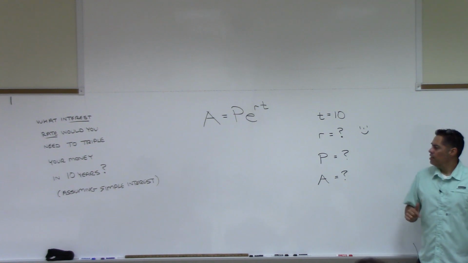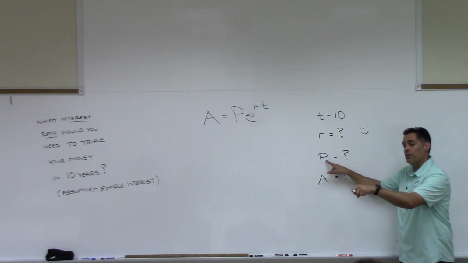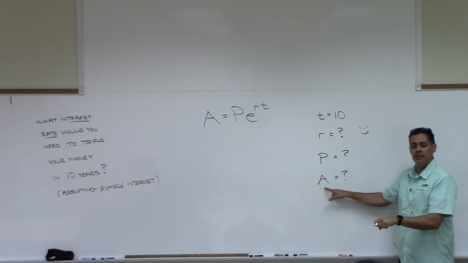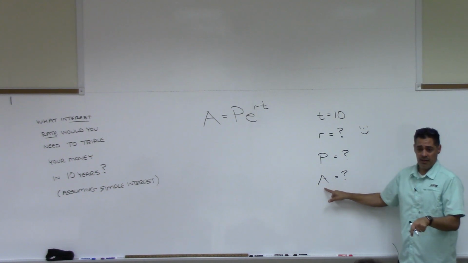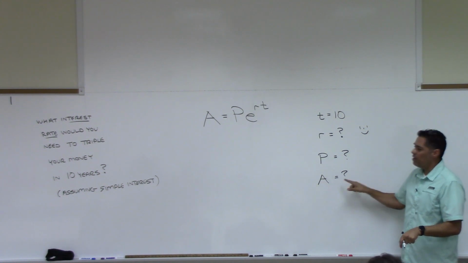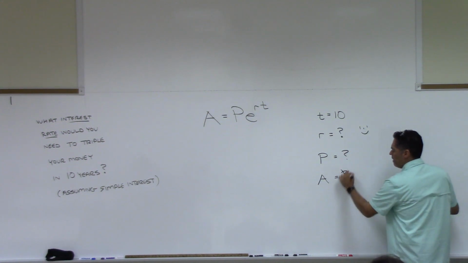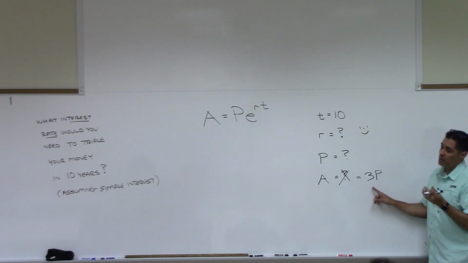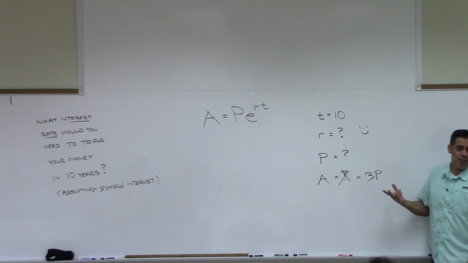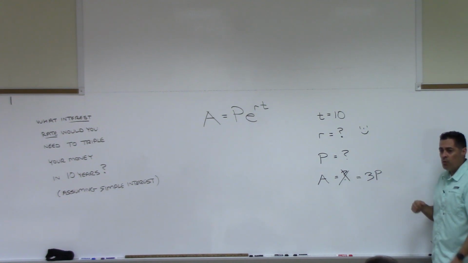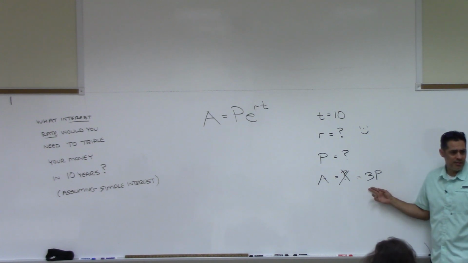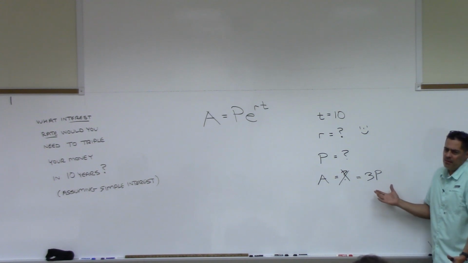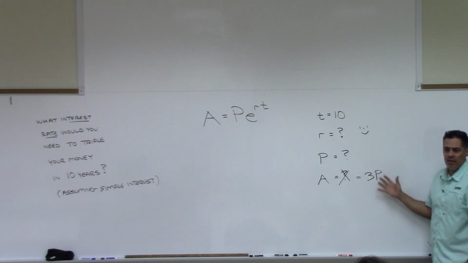So if I put in P dollars, how much do I need at the end? 3 times P, right? So even though I don't know what A is, I can actually say that this is 3 times whatever I put in, because I'm trying to triple my money, right? If the word problem said double my money, I'd put a 2 here. If it said quadruple my money, I'd put a 4. Understand? Maybe we can still solve the problem by just knowing this.